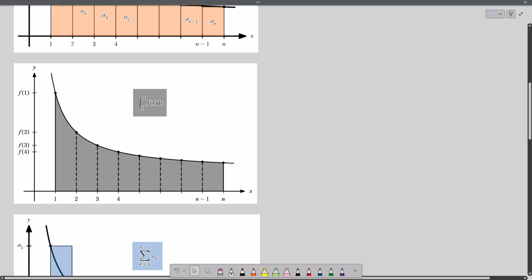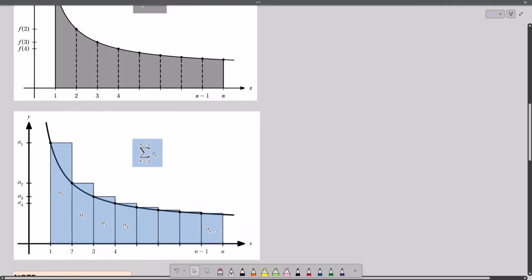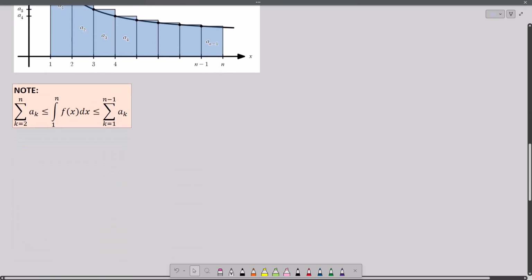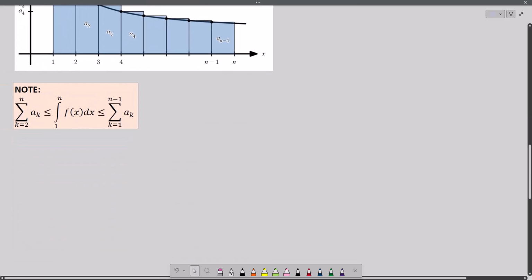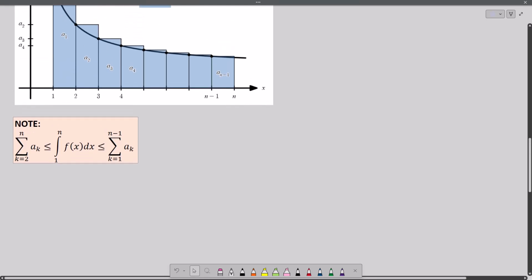Okay, so the key, though, is to recognize that the pinks are an underestimate and the blues are an overestimate. And so we have this. The integral from 1 to n of f is trapped in between the blues. We're going to go from, this is a sub 1, from 1 to n minus 1, those rectangles.